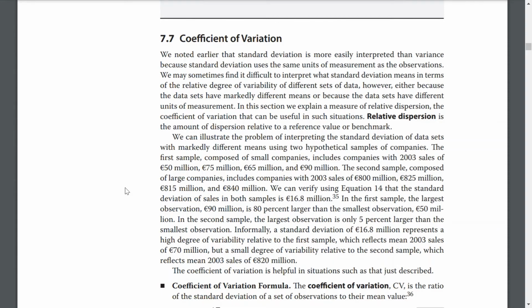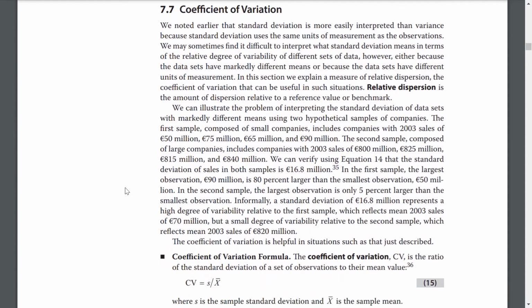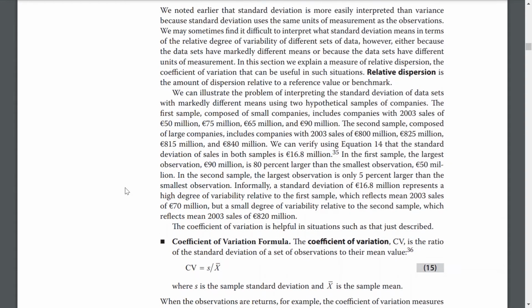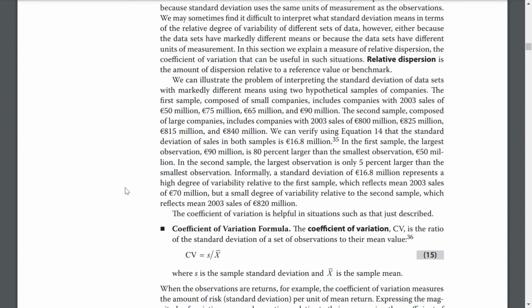The second sample, composed of large companies, includes companies with 2003 sales of 800 million, 825 million, 815 million, and 840 million. We could verify using equation 14 that the standard deviation is 16.8 million in both samples. In the first sample, the largest observation, 90 million, is 80% larger than the smallest observation. In the second sample, the largest observation is only 5% larger than the smallest observation.